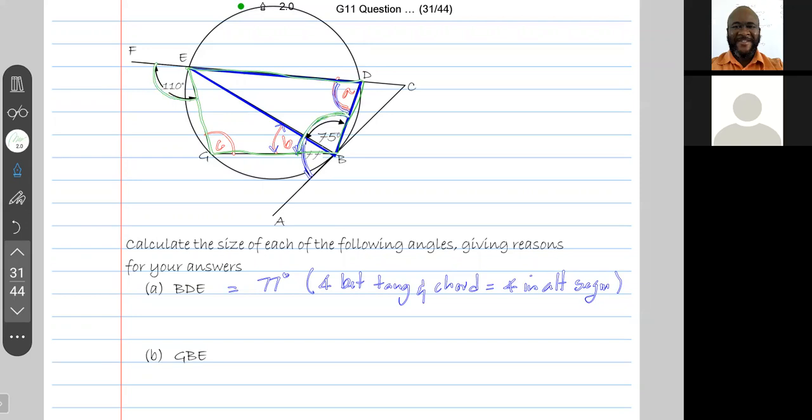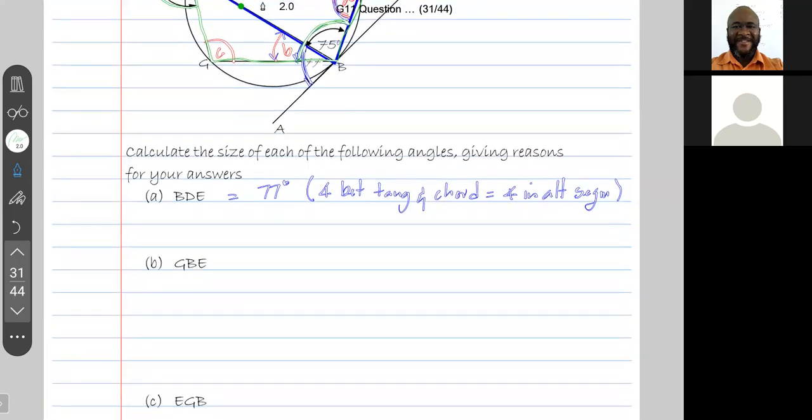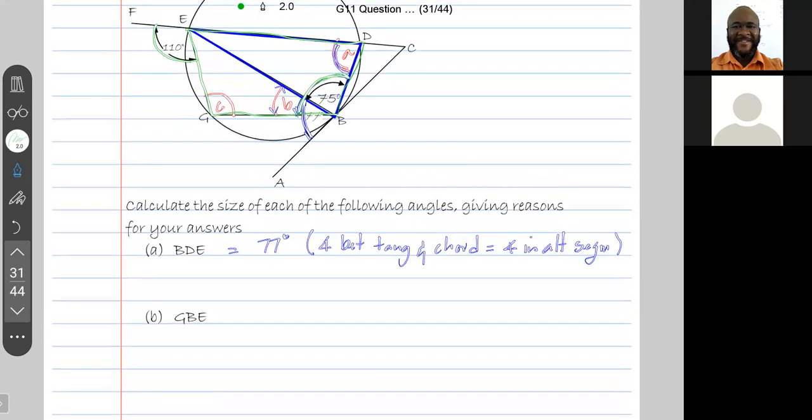B is what we want to find. B is angle GBE. So if I want, I could tell the examiner that angle GBD is equal to 110 degrees. The exterior angle of a cyclic quadrilateral is equal to the opposite interior angle.